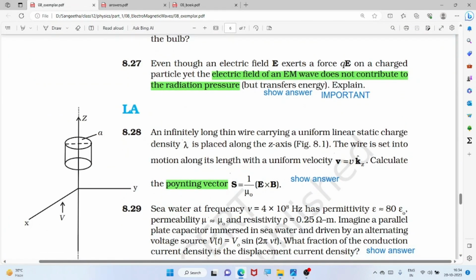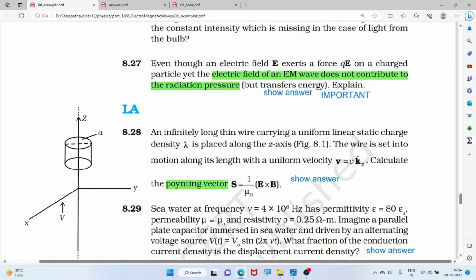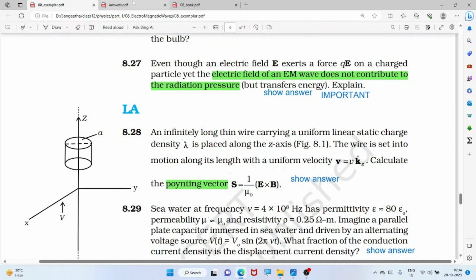Even though the electric field exerts a force on the charge, the electric field of the EM wave does not contribute to the radiation pressure. As I already told you, in the EM wave we have an electric and magnetic field component, but the electric field component does not contribute to the radiation pressure, because that cycle goes up and down equally. Question 27.